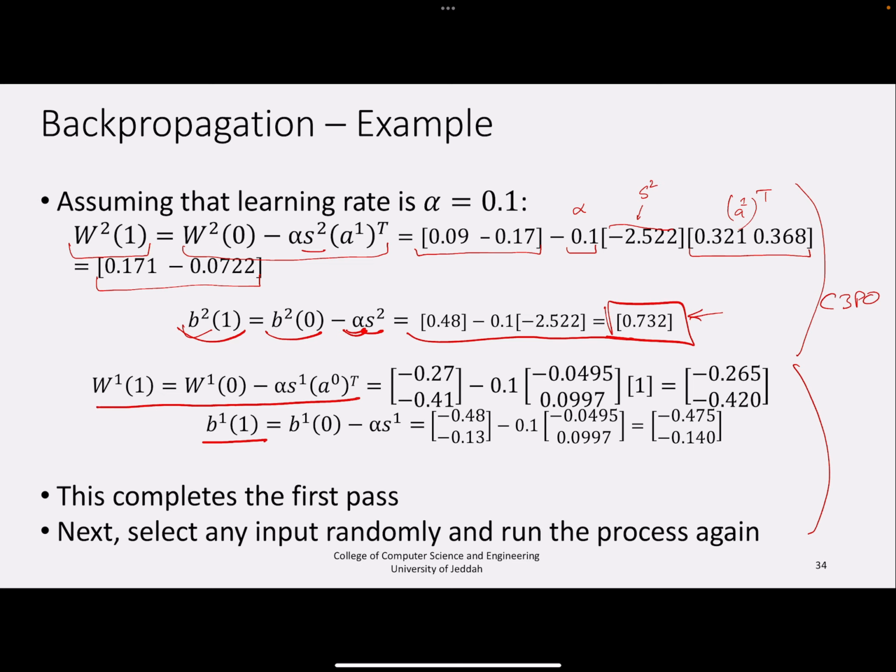And this is the first iteration, the first pass of the backpropagation algorithm for this extremely simple example. You can see it took a lot of operations to do.